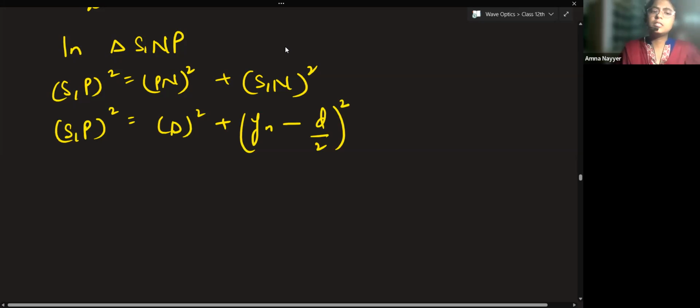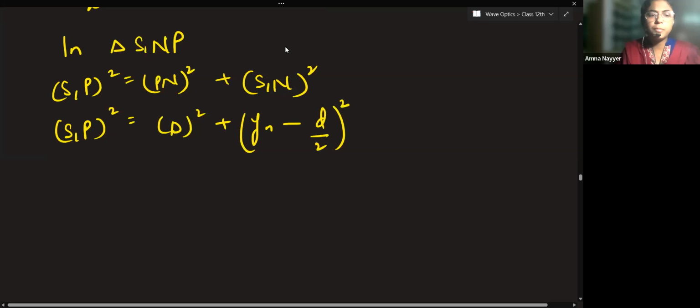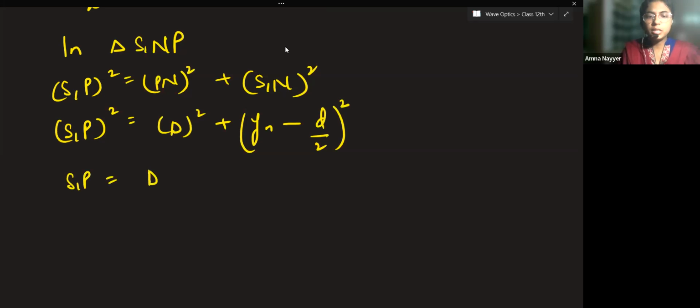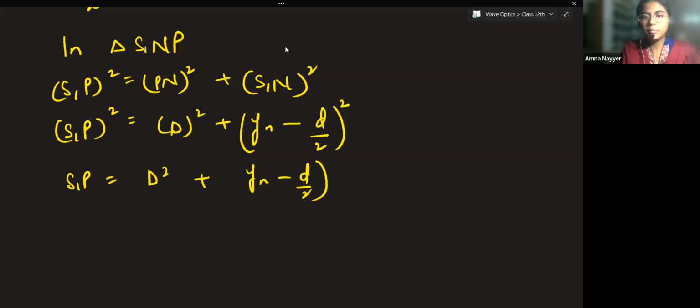Now let's take the root on this side, just to remove this power 2. So S1P will be equal to D square plus Yn minus d by 2 whole square, but this entire term is to the power half. Fine.